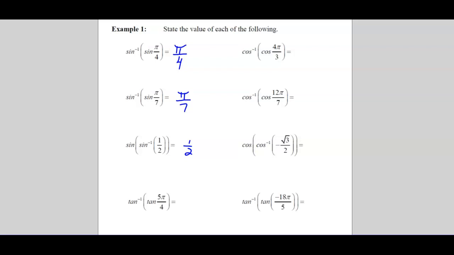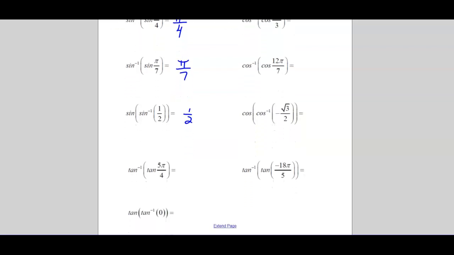Okay, now, next one. I'm just going down. It doesn't matter which way you go, but I'm going downwards here. So now here, notice how this angle is 5 pi over 4. Is that bigger than pi? It's bigger than pi. For sure, none of your intervals, whether it's sine, cos, or tan, are bigger than pi.